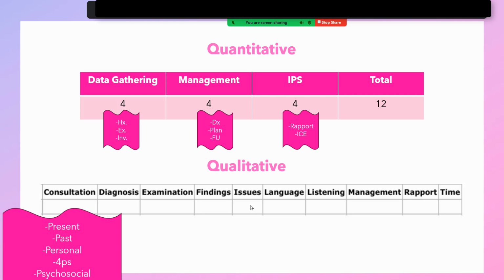The patient can't see, and he has acute, sudden loss of vision. Is it proper to ask smoking and alcohol? No, it's not proper. So avoid asking smoking and alcohol and lifestyle questions in acute or sudden cases. This is a kind of example for issues.